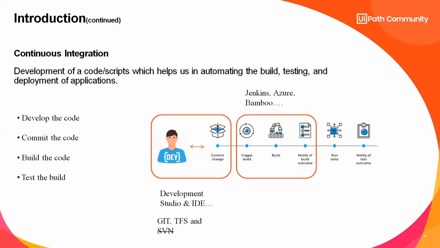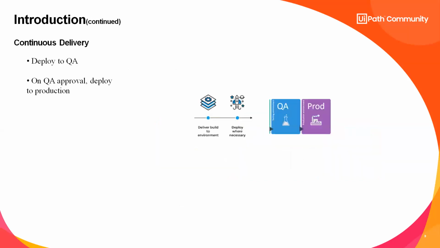For triggering the builds, in order to generate the NuGet files, the .nupkg files in the UiPath case, we use Jenkins or Azure or Bamboo. We have a couple more tools. And then we have SonarQube to run the tests on our workflows, like the UiPath code which we usually develop.